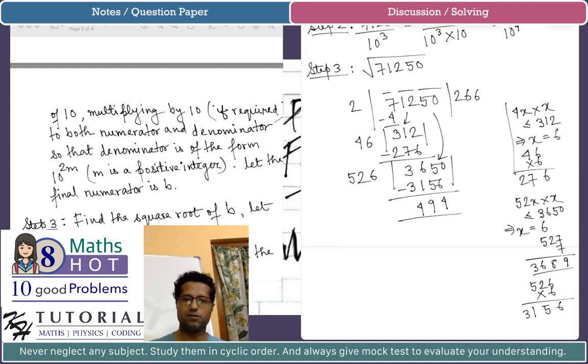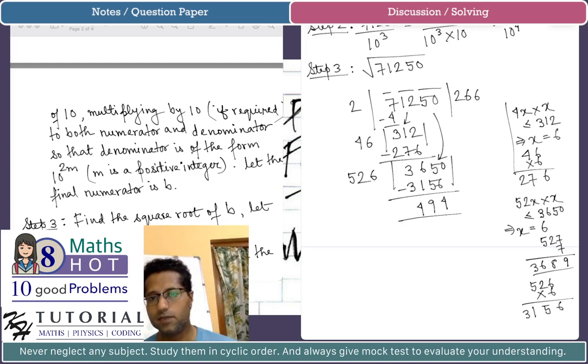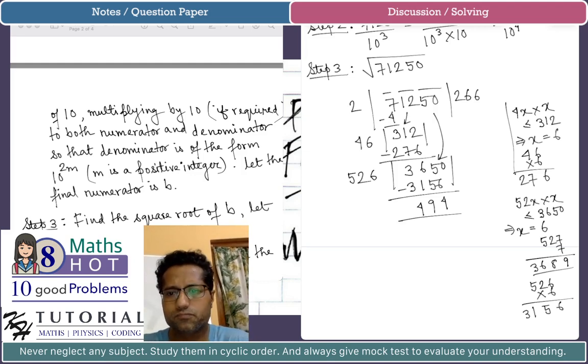Now the remainder is not 0. If the remainder is not 0, there will be a decimal point in the square root.